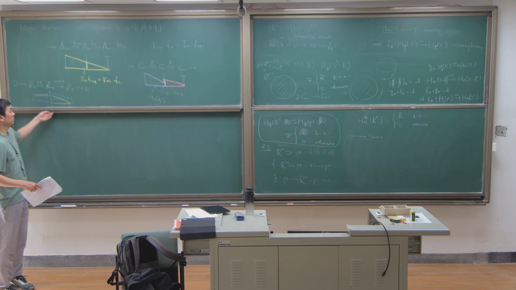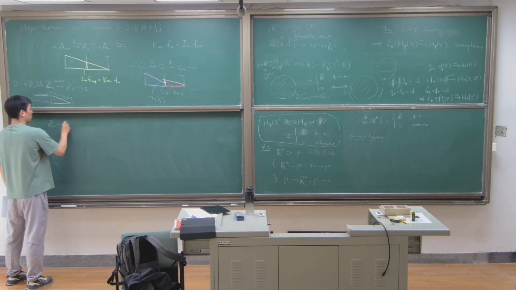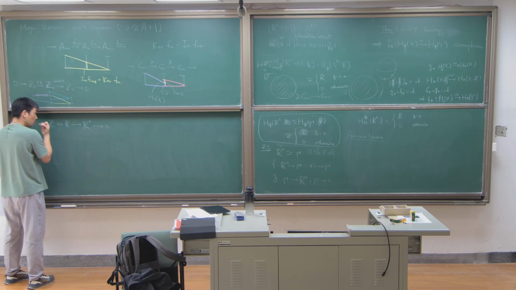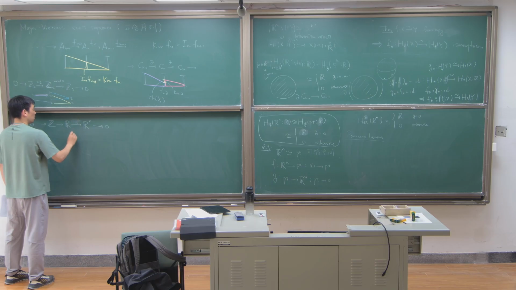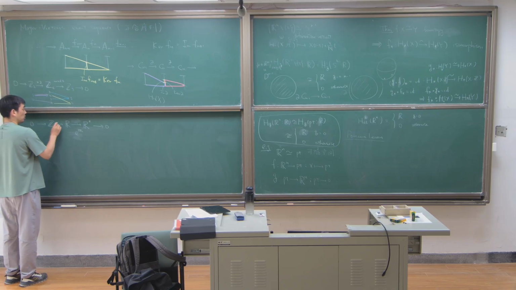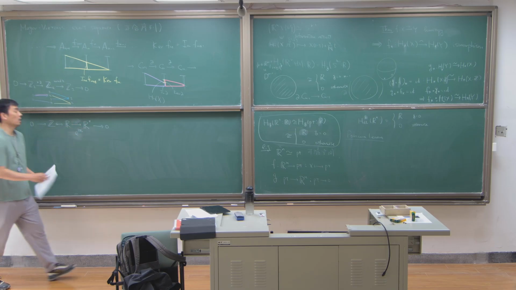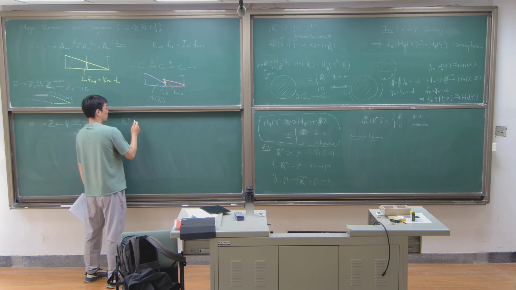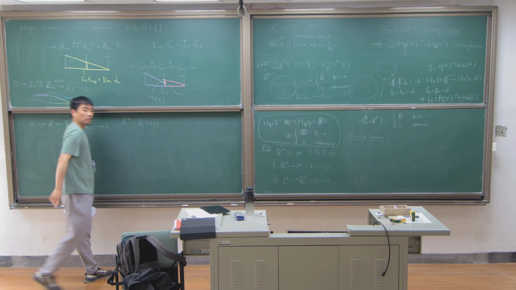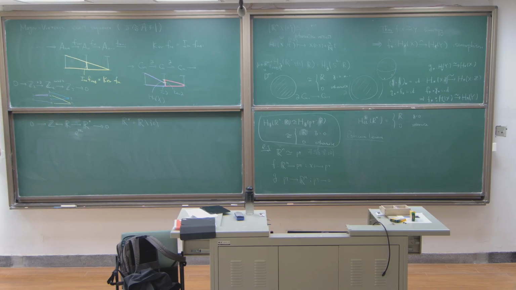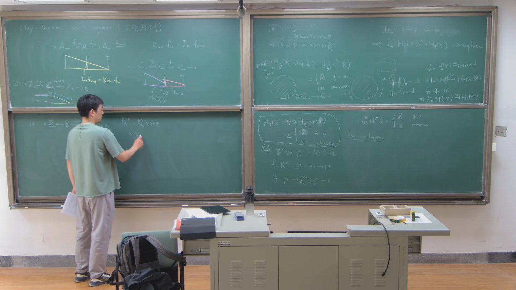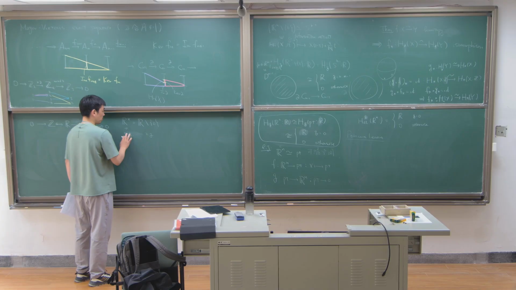Another example, Z. This is the inclusion, and this map is just the multiplication group, which is R as a Z, just multiplication group, and we get rid of Z. So you have a multiplication like this.